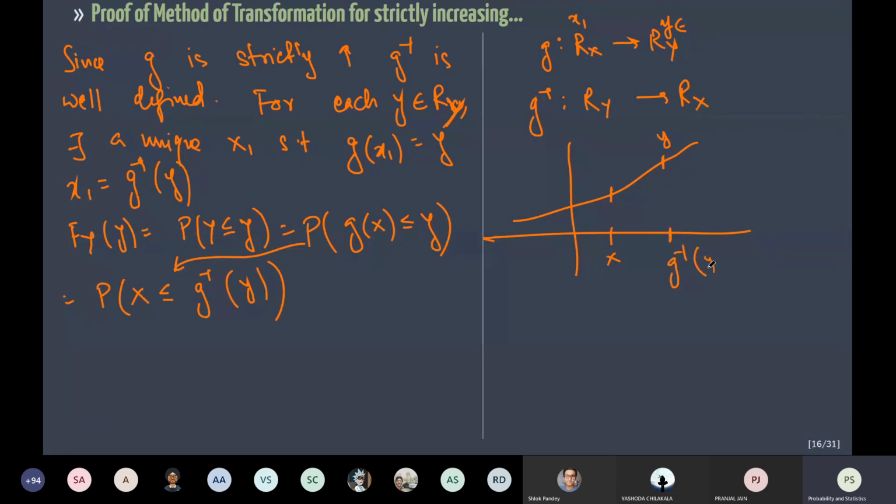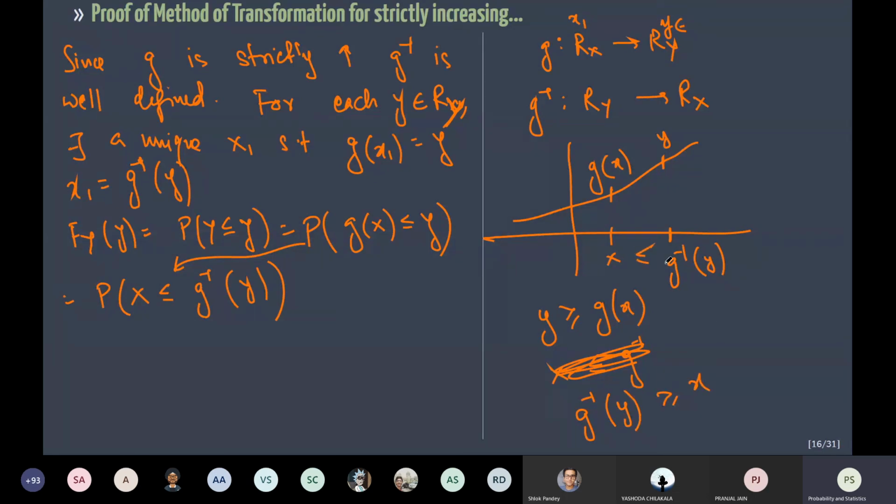Because the inverse exists, this will map to this. So if y is greater than or equal to g of x, and since this is an increasing function, it must be that x is less than or equal to g inverse y. The other way to say it is g inverse y is greater than or equal to x. This is coming because of the monotonicity, right?